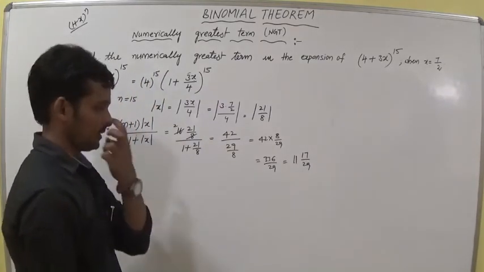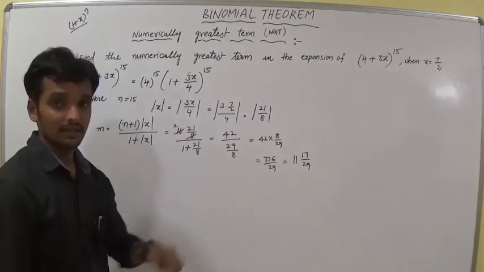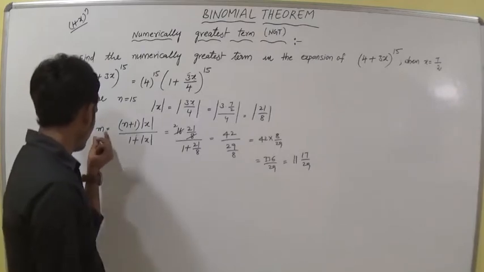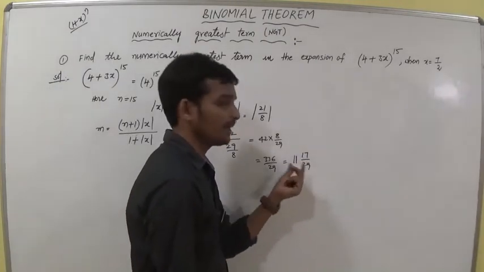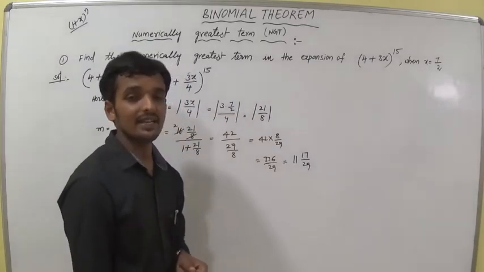So if you observe that clearly, we find the value of m is 11 17 by 29.